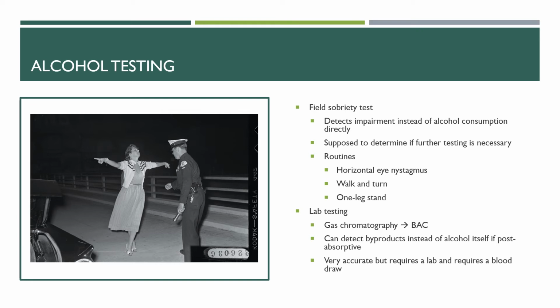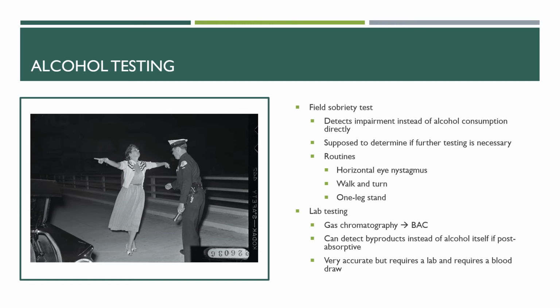And so effectively, behaviorally, they're drunk. These gas chromatography techniques can detect not just alcohol, but it can also be directed to detect the byproducts of alcohol. This is also important if you pull somebody over, let's say, and they're clearly drunk, right?